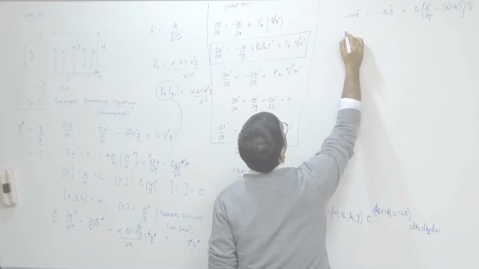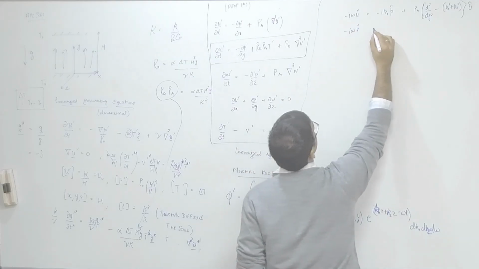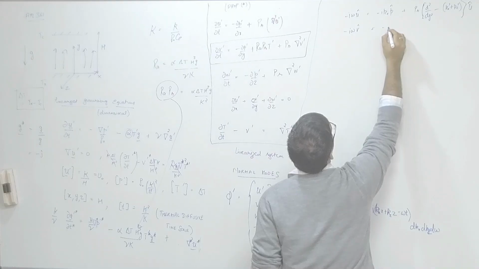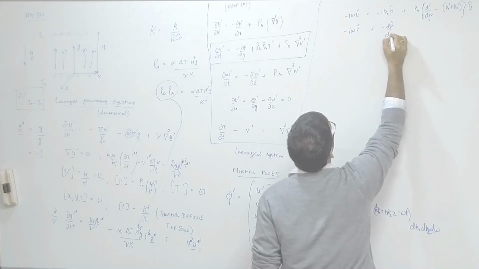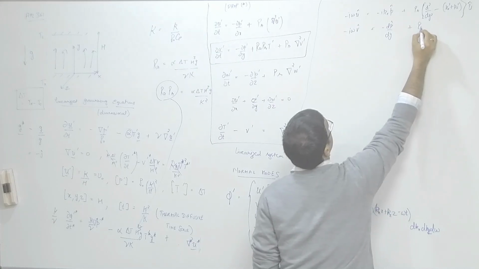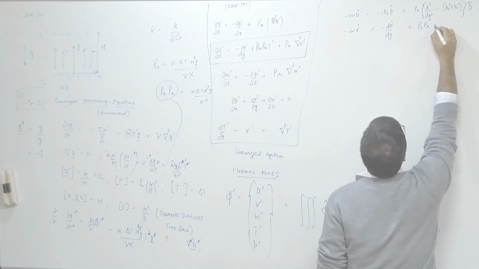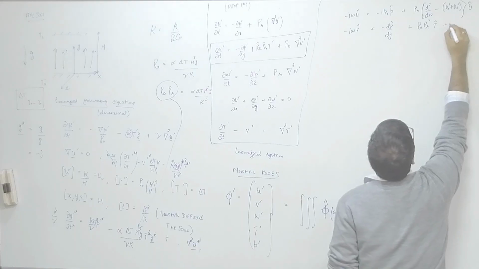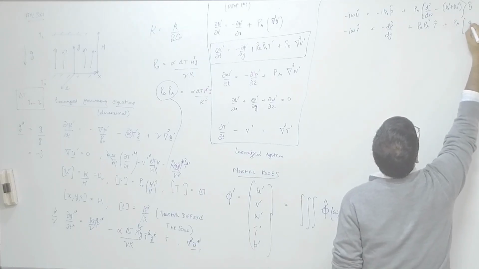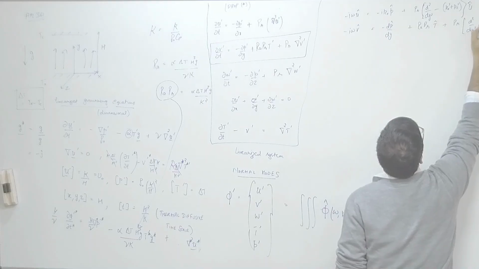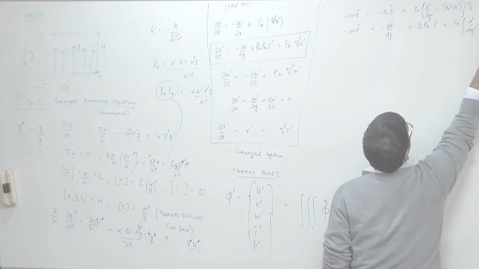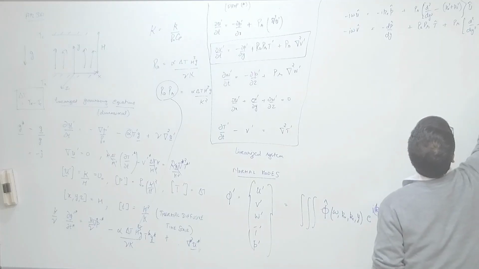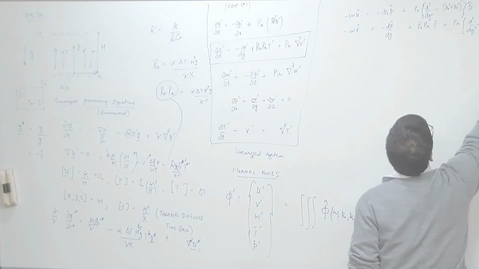And then we have minus i omega v hat equals minus dp hat over dy plus Rayleigh into Prandtl into T hat plus Prandtl into (d2 over dy square minus (kx square plus kz square)) v hat.